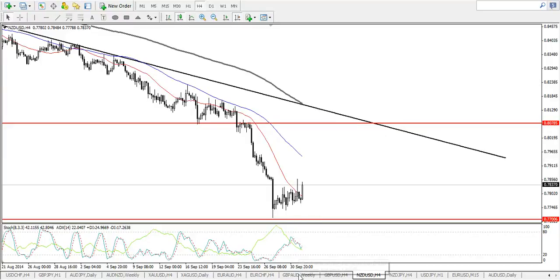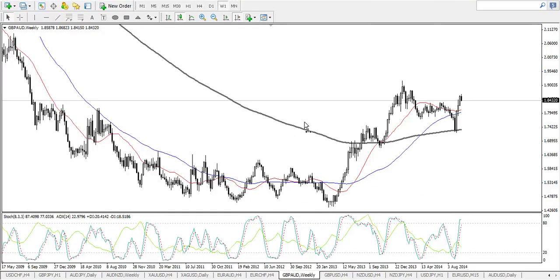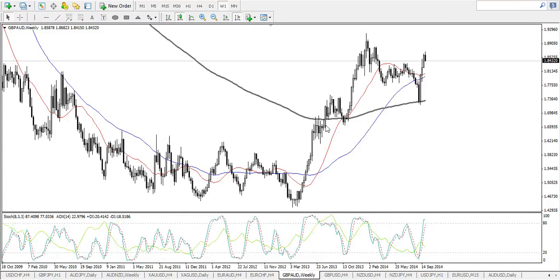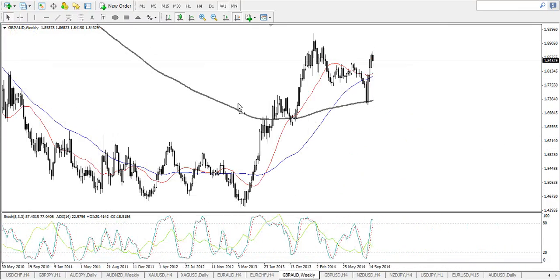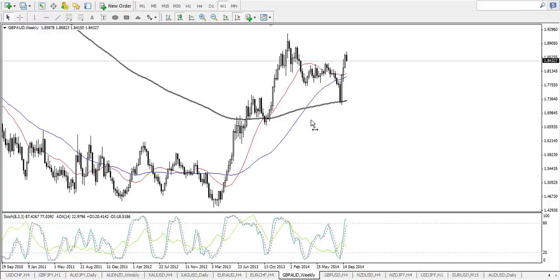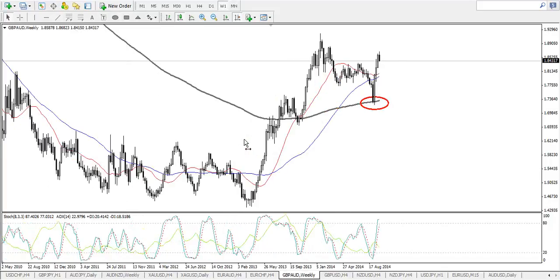Lastly, I would like to look at the pound against the Aussie. Alright, this is the weekly chart. We can see that price has broken above the 200 moving averages, came down again, touches the 200 moving averages again, and starts to rebound.